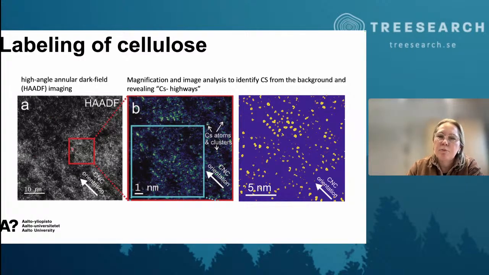We can see that these cesium atoms are visible, and they seem to be aligned along or parallel to the chain. So we are now looking into the cellulose crystals aligned in this direction.